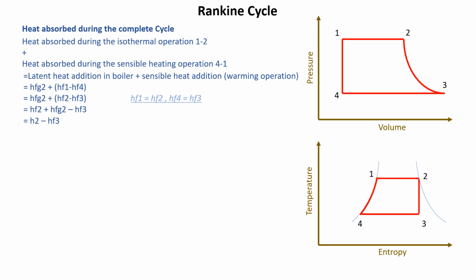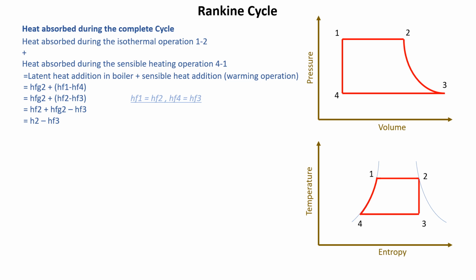HFG2 is the latent heat, and HF1 minus HF4 is the sensible heat. And these values we can get from the steam tables corresponding to the pressure.